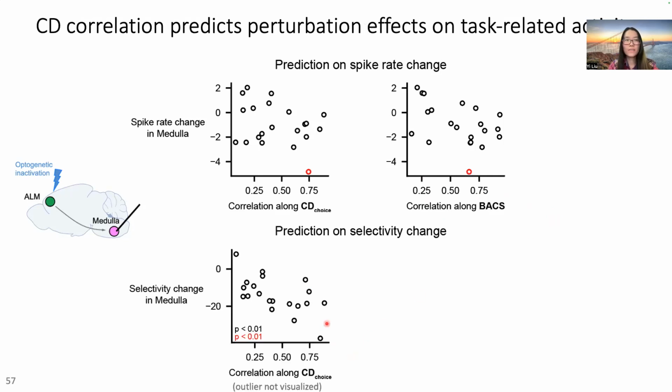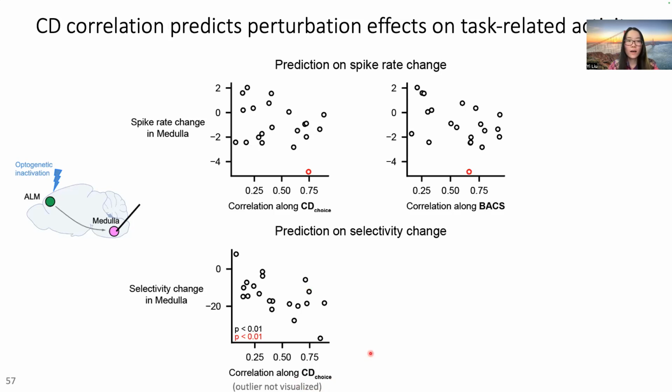Now let's look at the selectivity change in medulla during ALM perturbation. Here again, the x-axis is the correlation between ALM and medulla along CD choice calculated in the control trials, and the y-axis is the selectivity change in medulla. The two p-values are calculated with and without outlier data points, which are not visualized here.